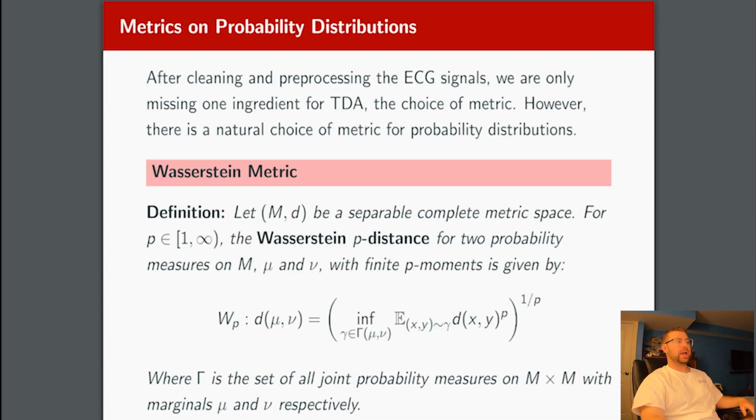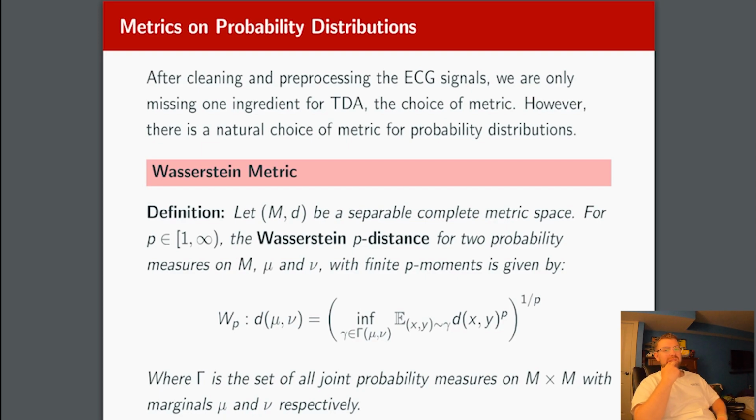And so now looking at metrics on this, we have these signals which are going to be our data points, but we need a reasonable metric between them, right? Thankfully for probability distributions, there are a couple of more intuitive metrics. The one we are going to look at is the Wasserstein metric.